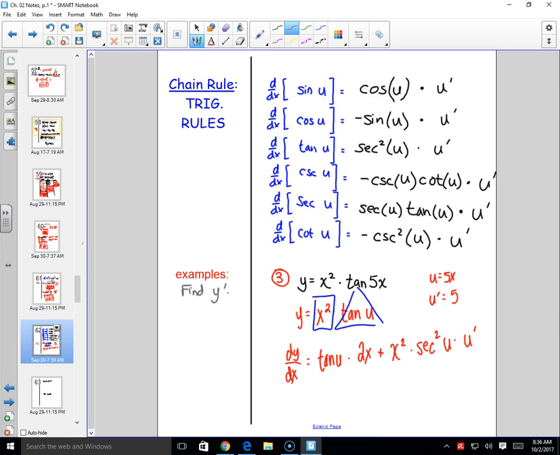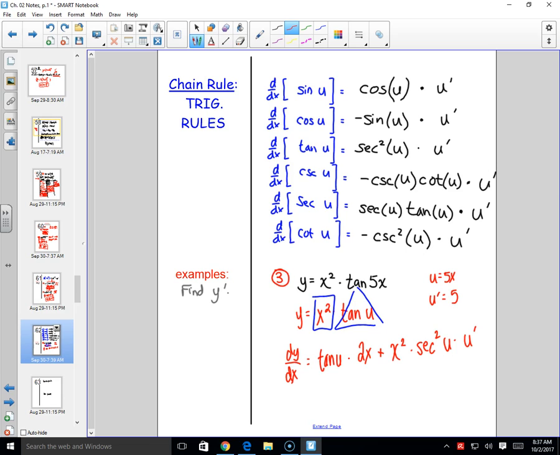Wait, pause. Do you see what I'm doing? Instead of looking at the tangent of 5x, I'm thinking about it as tangent of u. And look up here, tangent of u can just be the rule, secant squared of u. But what do you need because it's chain rule? U prime. Right? So I have second d first plus first d second. His derivative is secant squared of u times u prime.